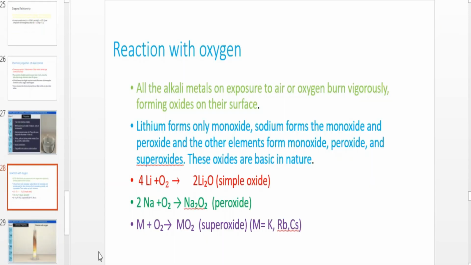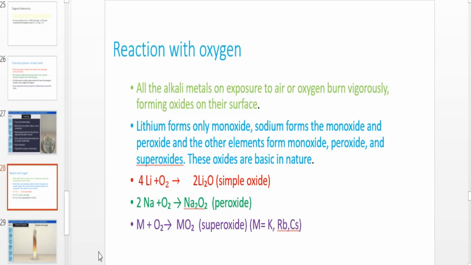Next, reaction with oxygen. These alkali metals have a high tendency to react with oxygen and halogens. So when alkali metals are exposed to air, they react violently and form oxides on the surface.